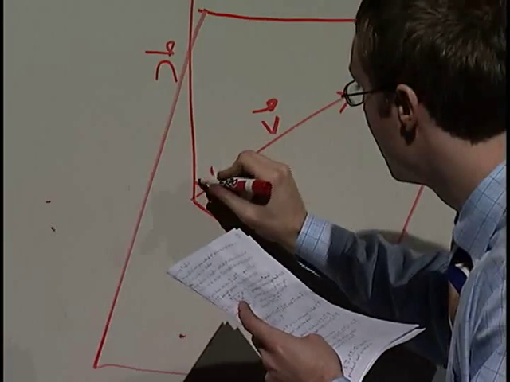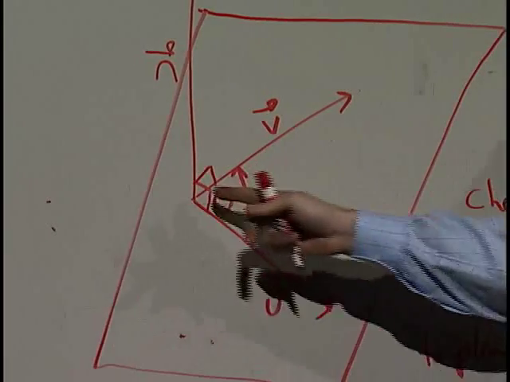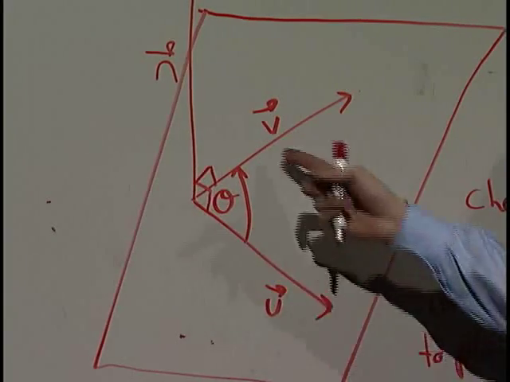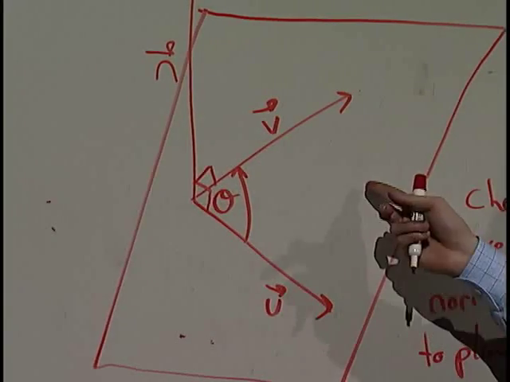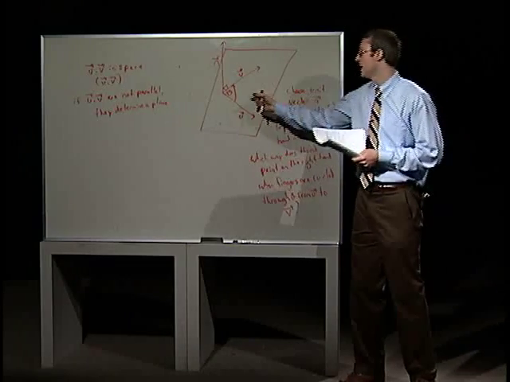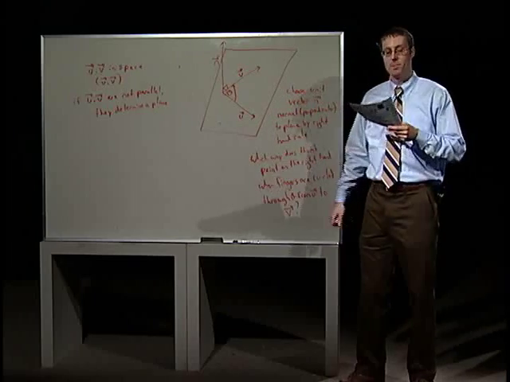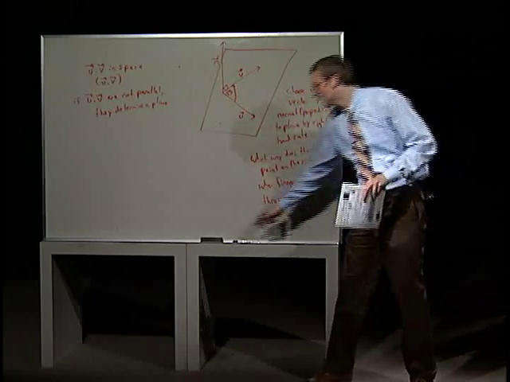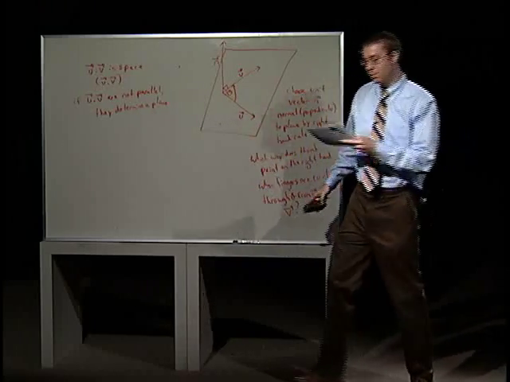How about, there we go. And so there's your right angle. This vector n is at a right angle to both the vectors u and v and the plane defined by them. Okay? So the vector n is normal to this plane. It's at a right angle to the plane defined by u and v.